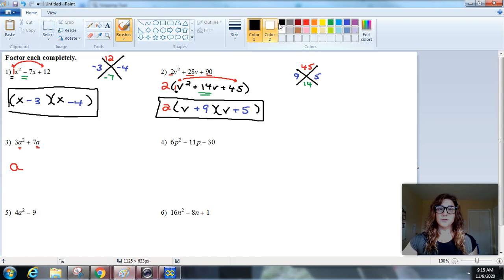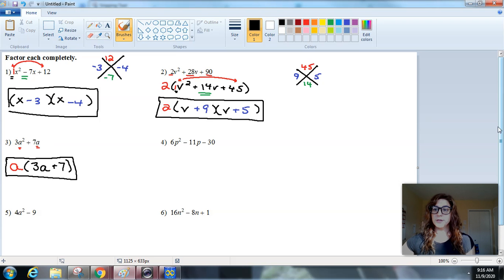So I can take the a out. When I do that, I still have the 3. I didn't touch my numbers. A squared, I took 1 away, so I'm still left with 1. 7a, again, I still have the 7, but I took the a from the a, so that completely went away. And this would be just a simple GCF problem.